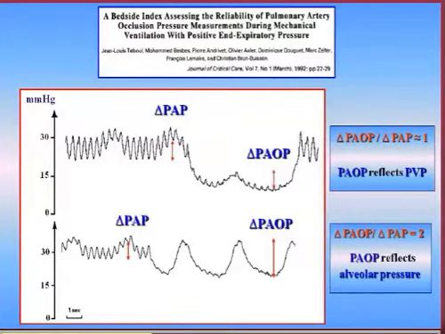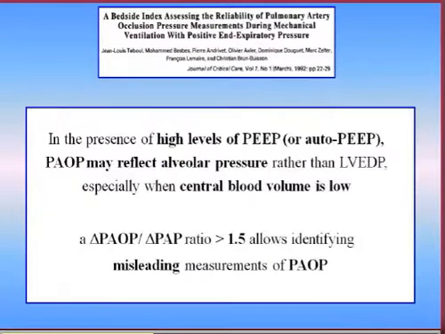In this case, PAOP should reflect alveolar pressure. In this paper, we demonstrated that when we have a delta PAOP over delta PAP ratio above 1.5, this can identify misleading measurements of PAOP during PEEP ventilation.